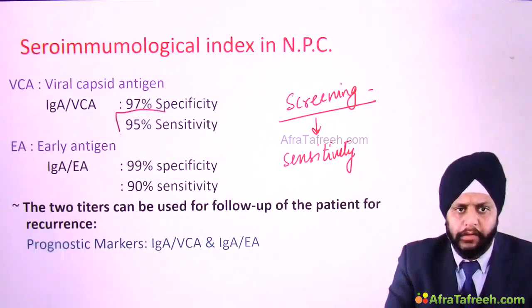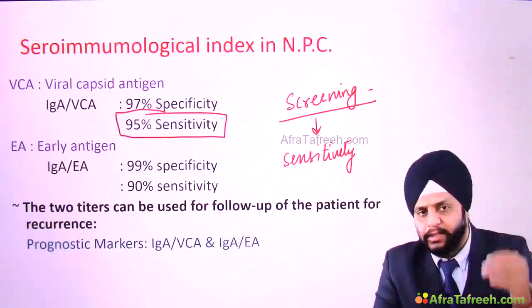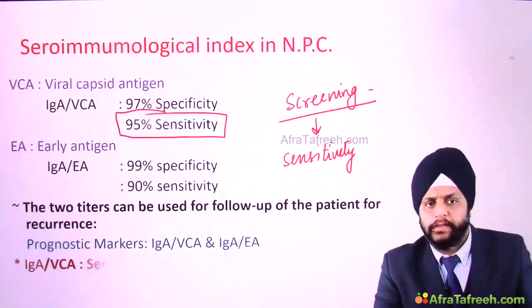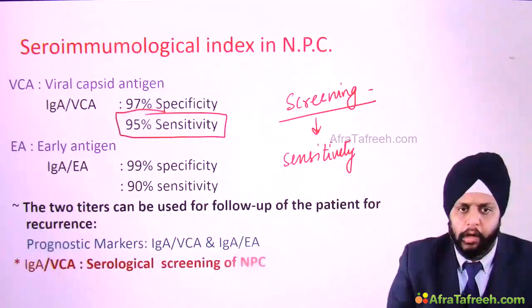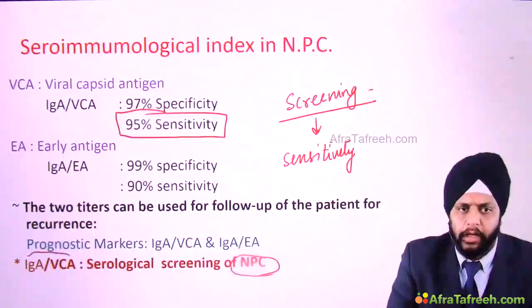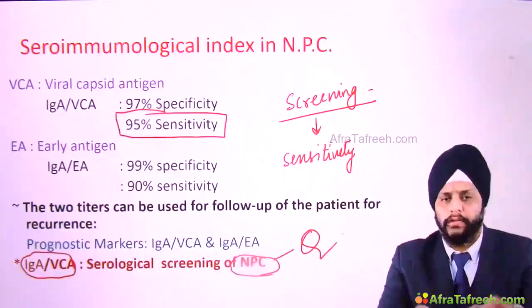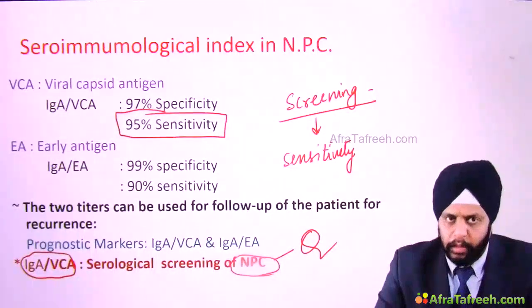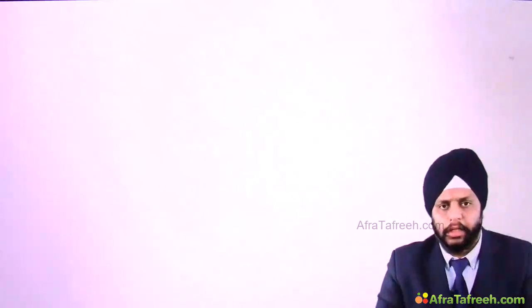This IgA to VCA has a very high sensitivity. Therefore, this is used for serological screening of NPC. In high-risk patients, we use IgA to VCA, and this question has been asked in the exam multiple times. So, that was about the NPC and the nasopharynx in total.